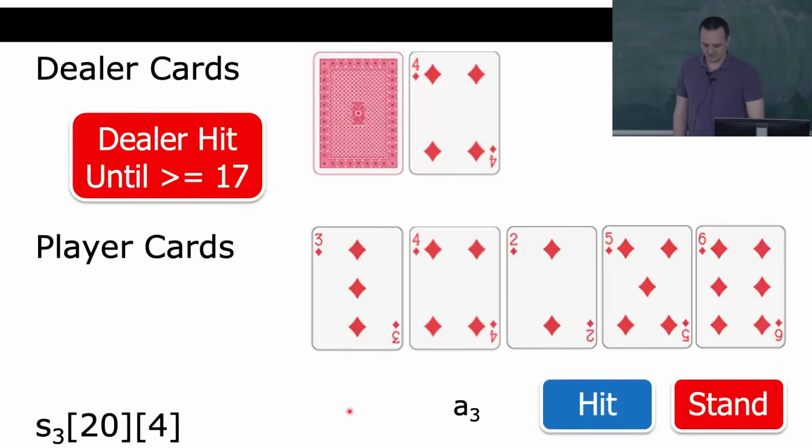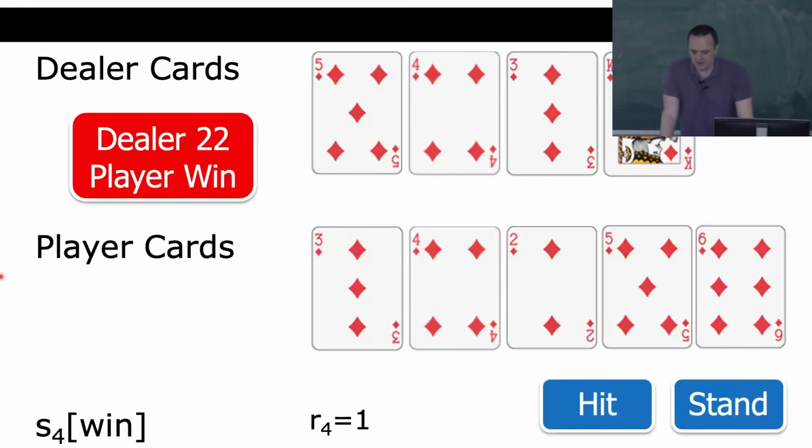So let's see what happens in this case. The dealer, it turned out, had a 5 underneath. So they had a total of 9, which is under 17. Then they hit, so now their total is 12. And so they had to hit again, and they got a king, which is worth 10. So they went to 22, and so the dealer busted, right?